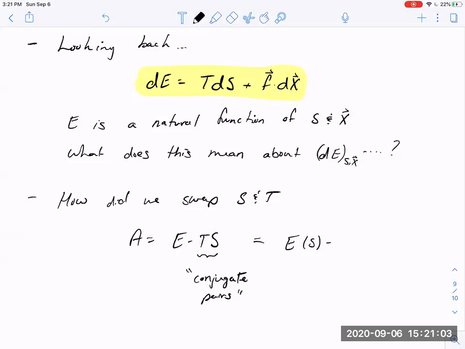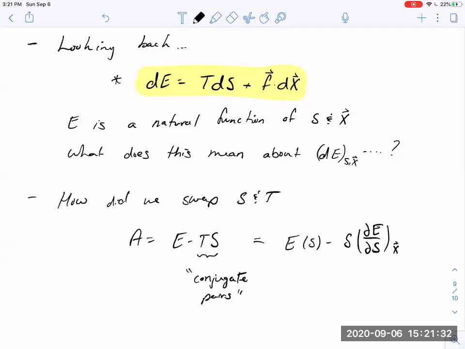The A can be thought of as the function E of S less that S times how energy changes with entropy at fixed mechanical variables. dE dS at fixed mechanical variables, from up here, the differential equation for the energy, is the temperature.